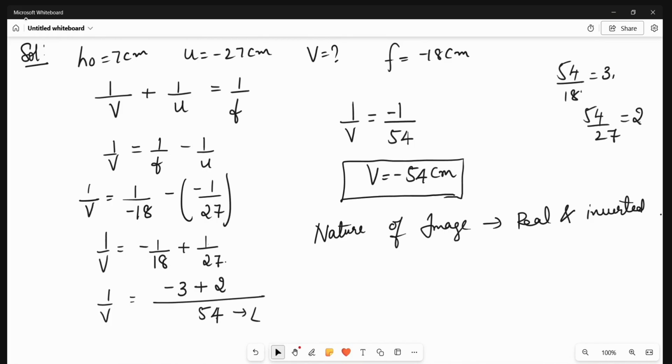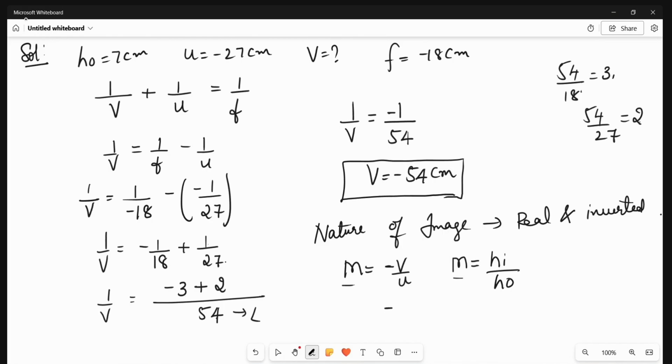Okay, so magnification m is equal to minus v by u, and also m is equal to hi by h naught. Hi is the height of the image, h naught is the height of the object. Both are telling about the magnification only.